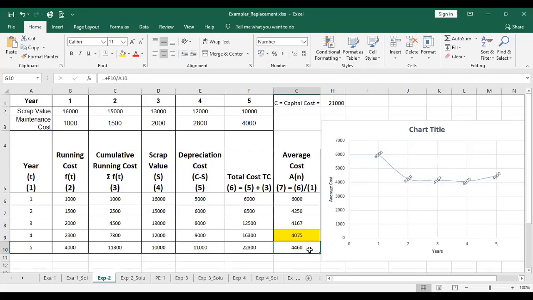So we concluded that after the fourth year the machine should be replaced. That is the entire example.